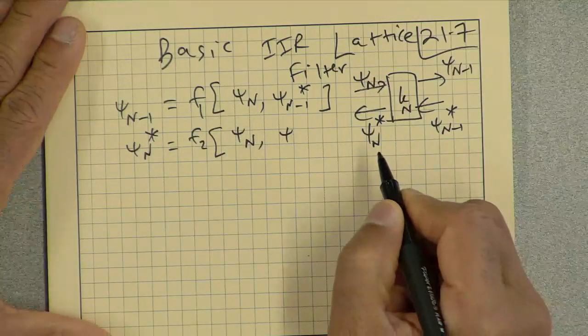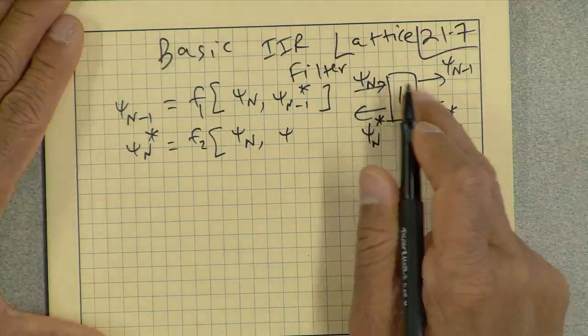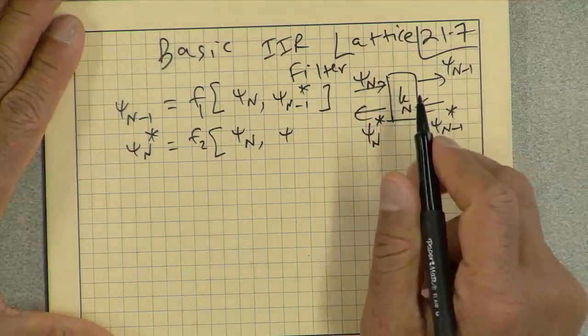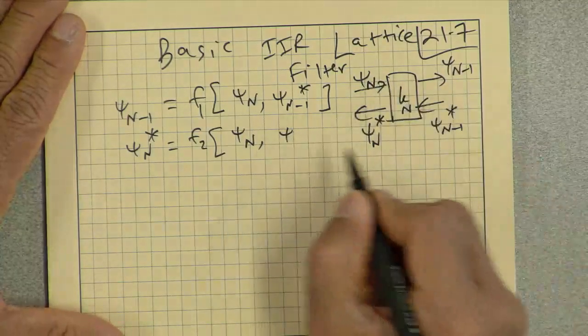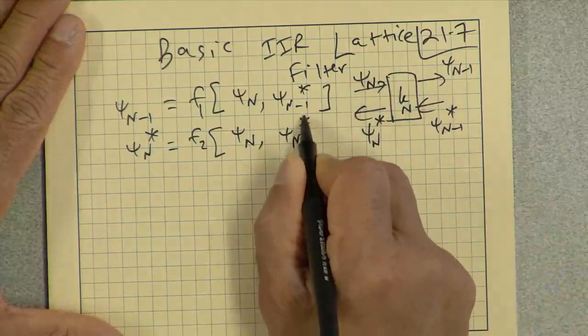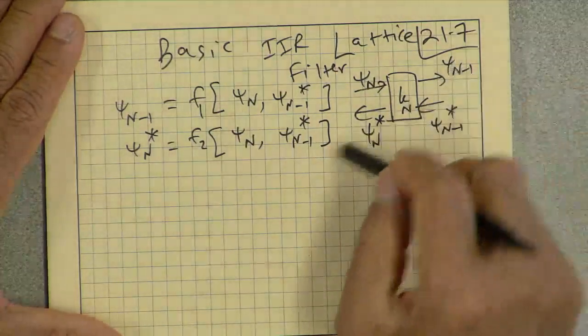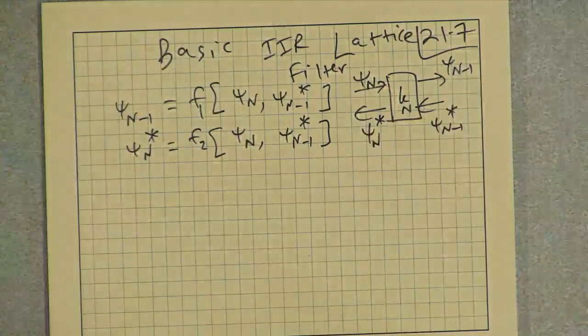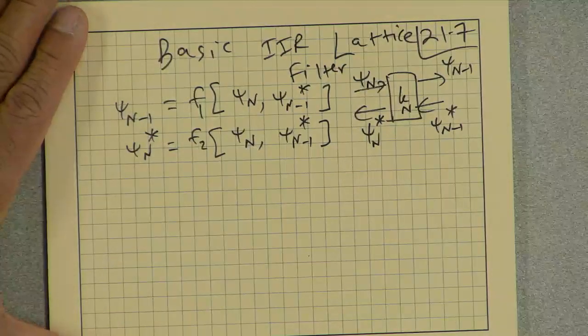That's how to deconstruct and obtain what's inside that box. We need two outputs and two equations to compute those two outputs.